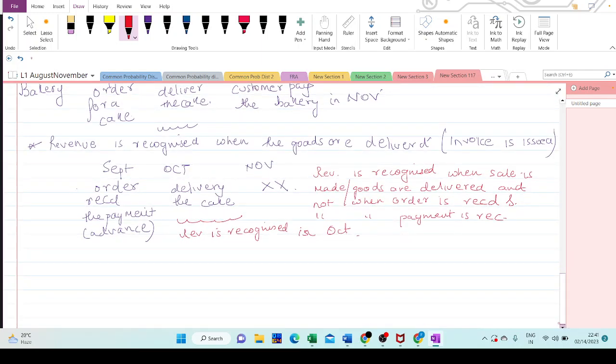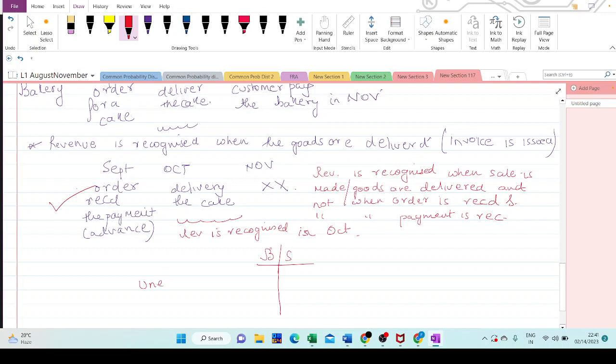So we received payment in September. How will we record this advance payment that we've received in our financial statements, guys? It's a liability. Yes, it's a liability. So in the balance sheet, say the price of the cake is $50, right?